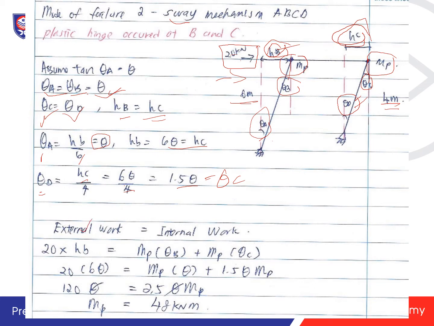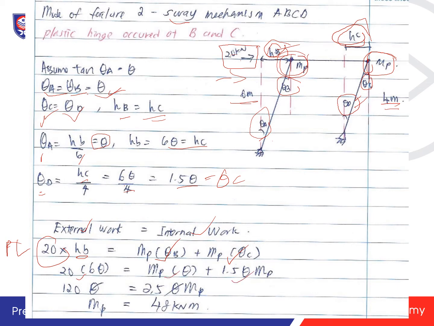So external work is equal to internal work. Same method. Because it's a point load, 20 kilonewton times the HB is equal to MP theta B plus MP theta C, which is the MP located part. So 20 times 6 theta is equal to MP theta plus 1.5 MP theta.